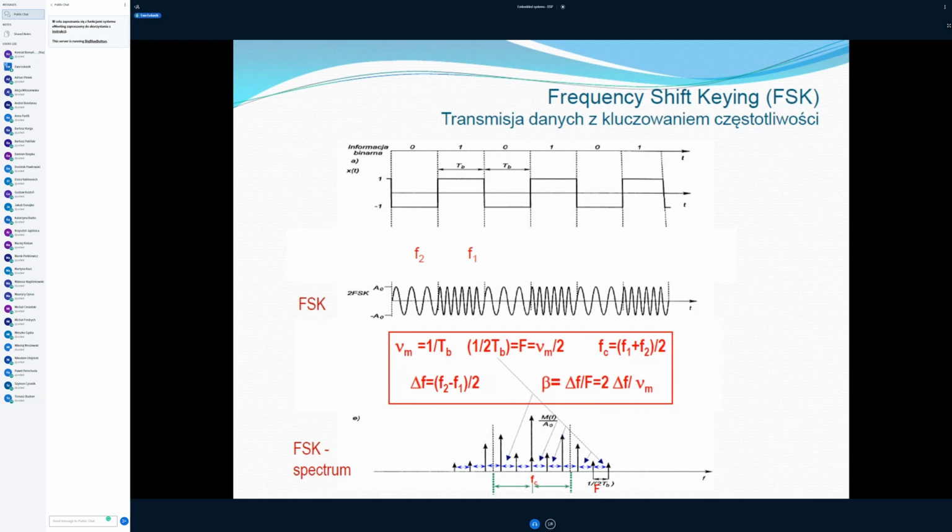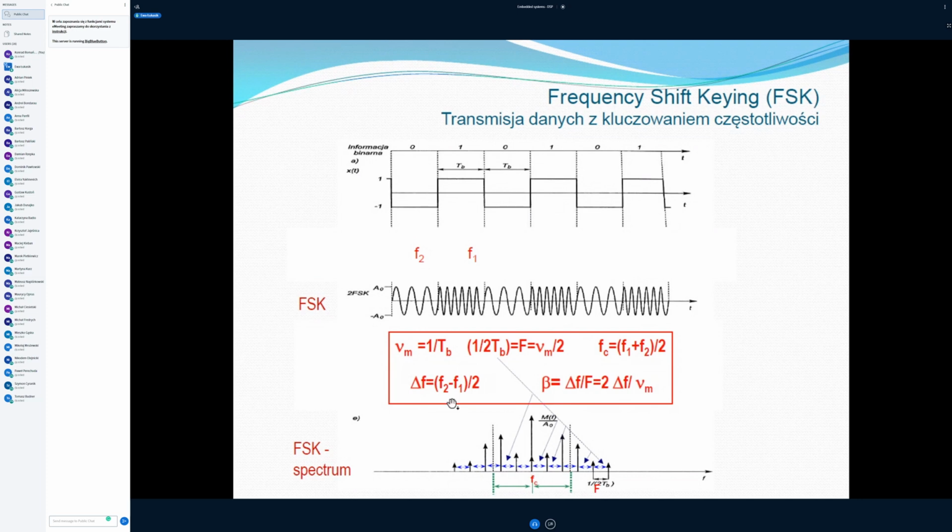And look what would happen if it is 100 hertz, so it is 1/100th of a second.